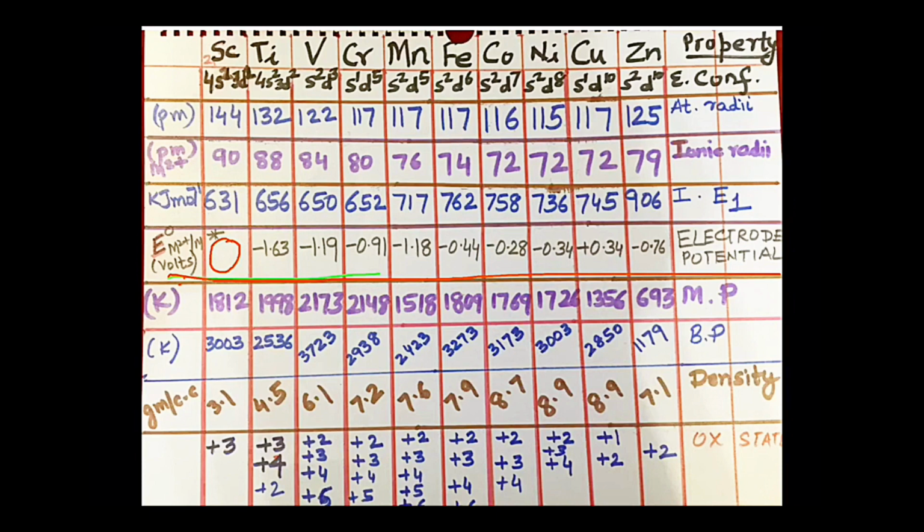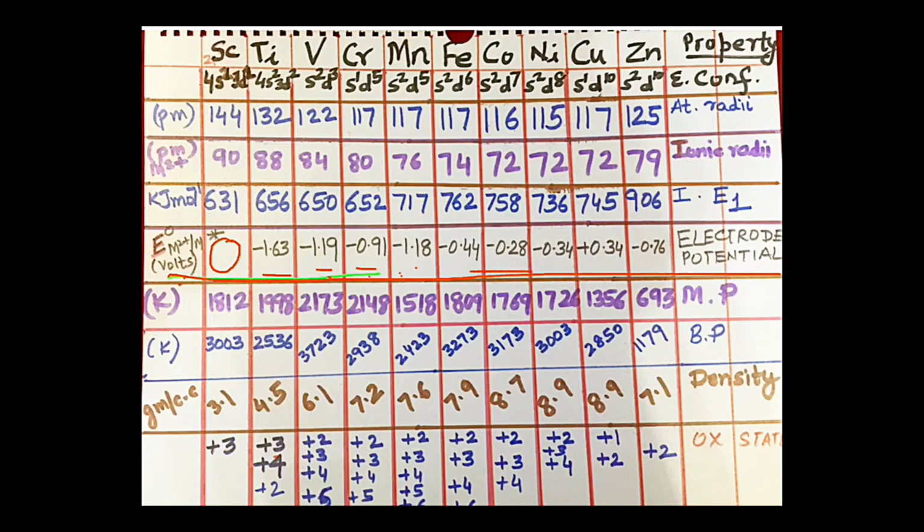You notice there is no regular change in the reduction potential for these particular elements. So whereas here it's -1.63, -1.19, for chromium all of a sudden it is -0.91, and then for manganese it shows an increase. It's -1.18, right?